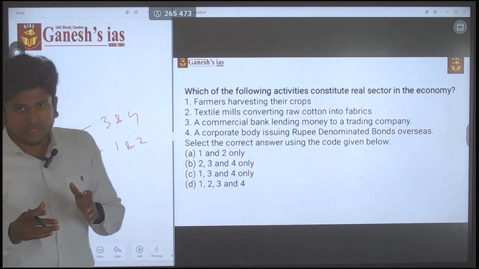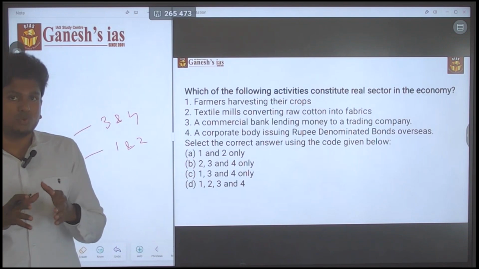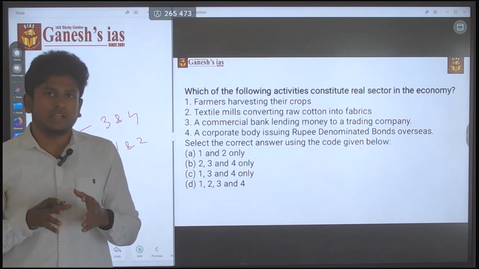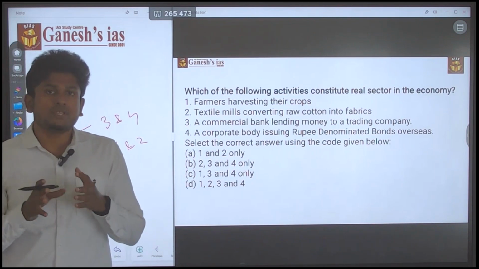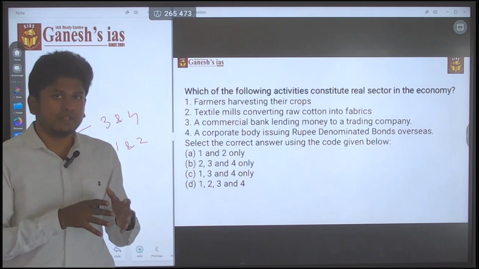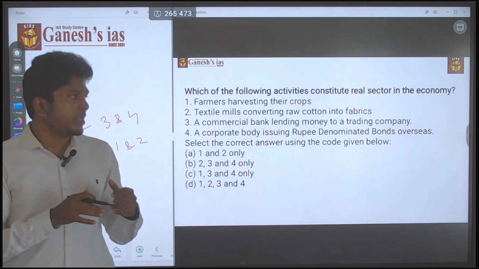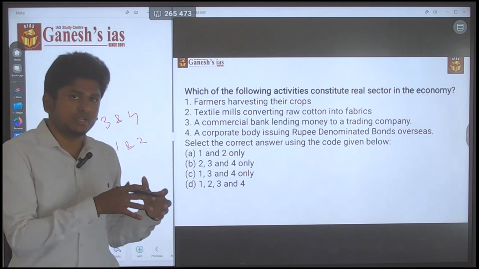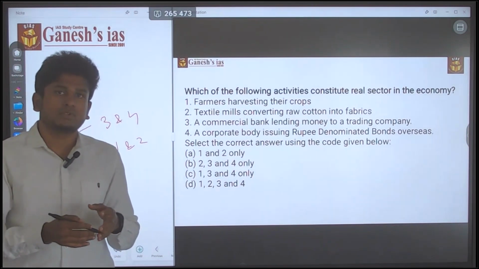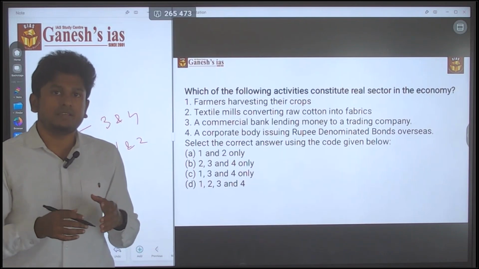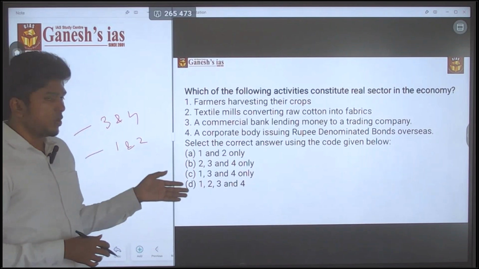Even the question setter of the UPSC prelims knows that a large chunk of UPSC aspirants don't know about the real sector. But why they make such a question is that they give a certain key within the question itself. So you have to find the key. The key is these options.